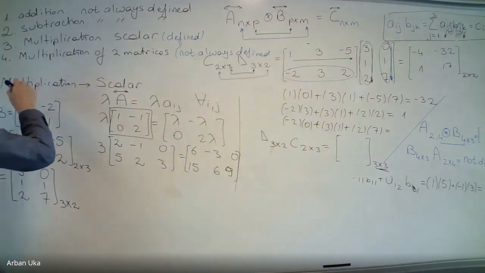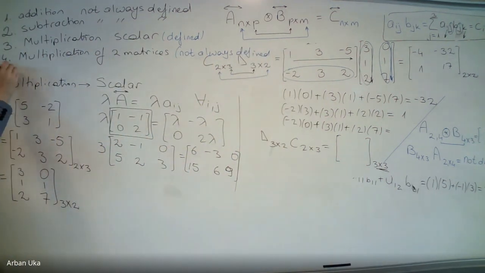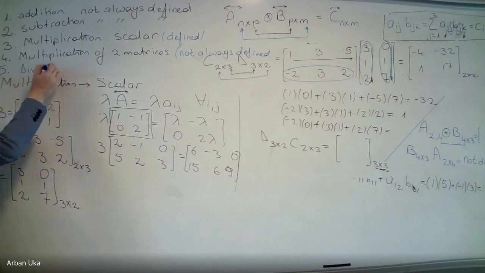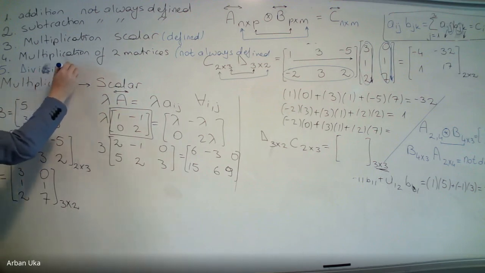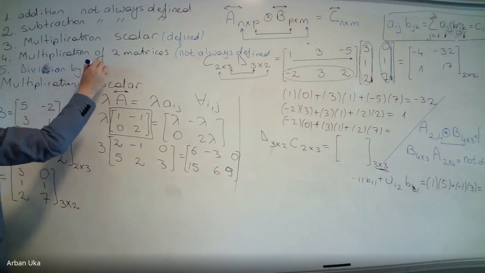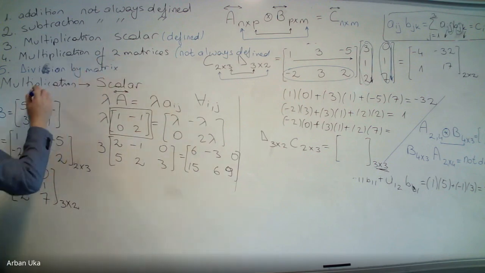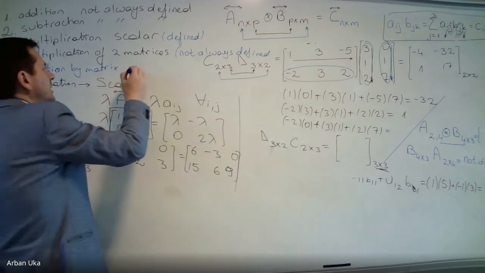Because we are talking about these possible operations, we also have another allegedly possible operation: division. Now division by a matrix is also not defined. Okay, so never defined.